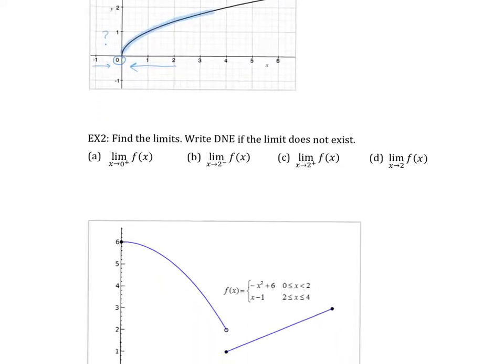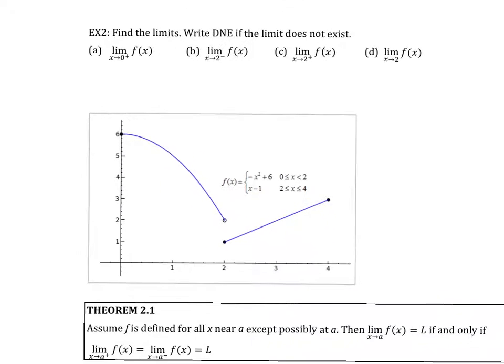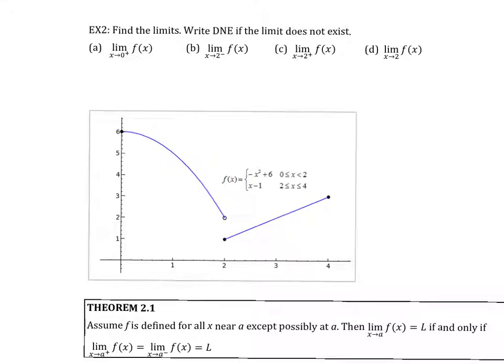Let's look at another example. Let's look at example 2 with a different function. So here's my function, and here's the graph of my function. We're going to find the limits and write DNE if the limit does not exist. Part A, we're supposed to find the limit as x approaches 0 from the right. So we're here at 0, and we're coming in from the right.